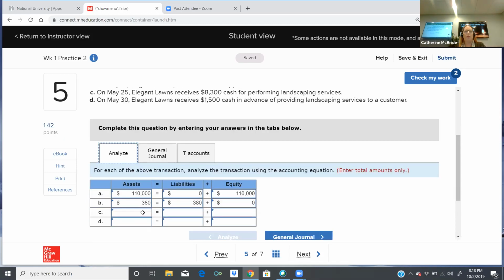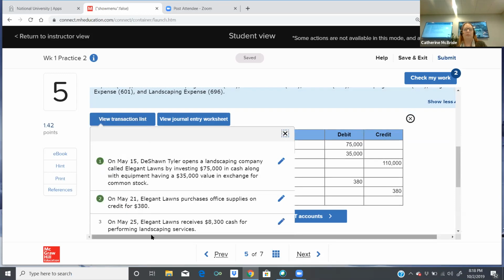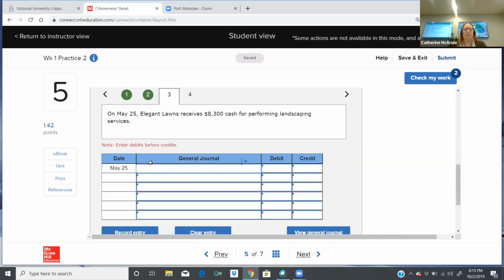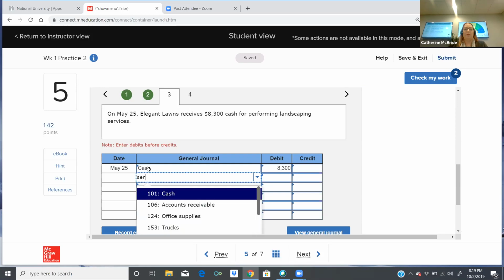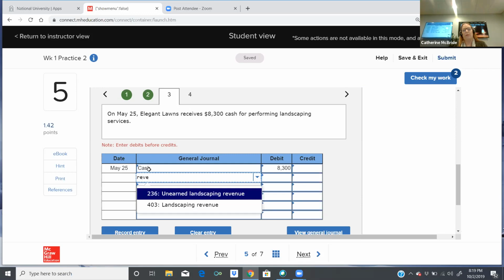Okay, so as far as our accounting equation, we received an asset of $8,300 in cash, no liabilities, and revenue increases equity $8,300. So we balance. For our journal, we received cash of $8,300 and service revenue. Are they just going to call it revenue?